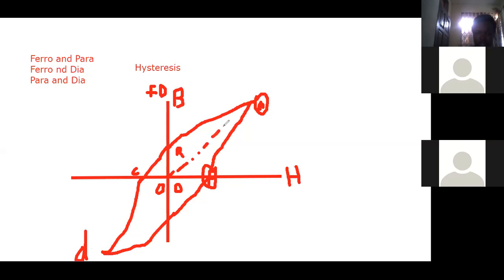There's a curve, so you'll be seeing this in some of your textbooks. So we have the ferromagnet here. We applied an external magnetic field. Looking at this as a normal graph, this means that the magnetic flux density increases with increase in magnetic field.